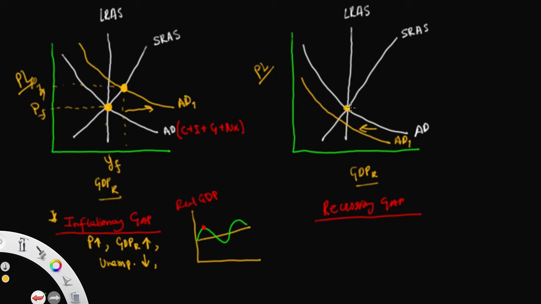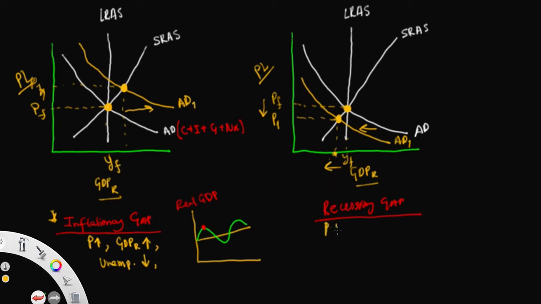So we know from our equilibrium here, it goes here, because that's where our aggregate demand and our short-run aggregate supply meet each other. So from this price level, we go down to this price level. So we go down in price level, and from our full employment GDP, we would have a new point here showing the decrease in GDP.